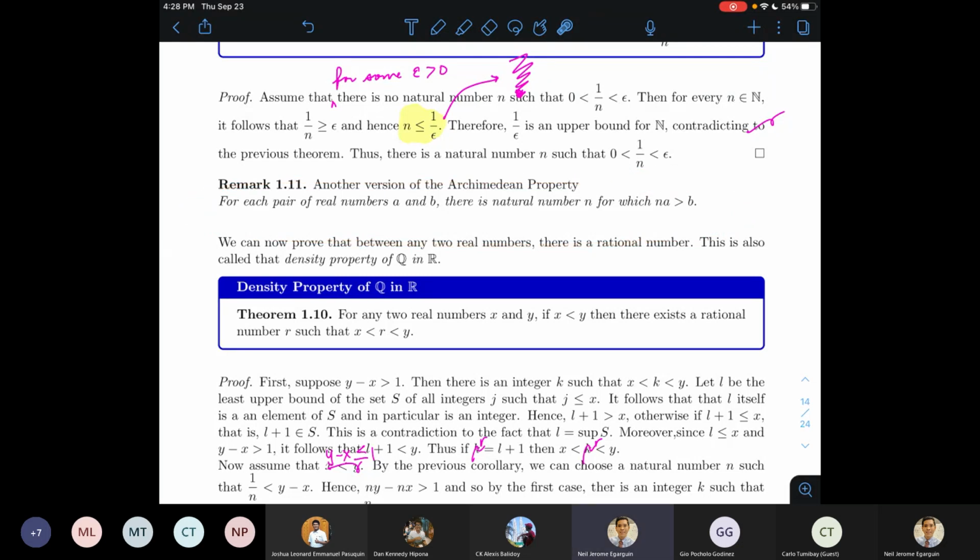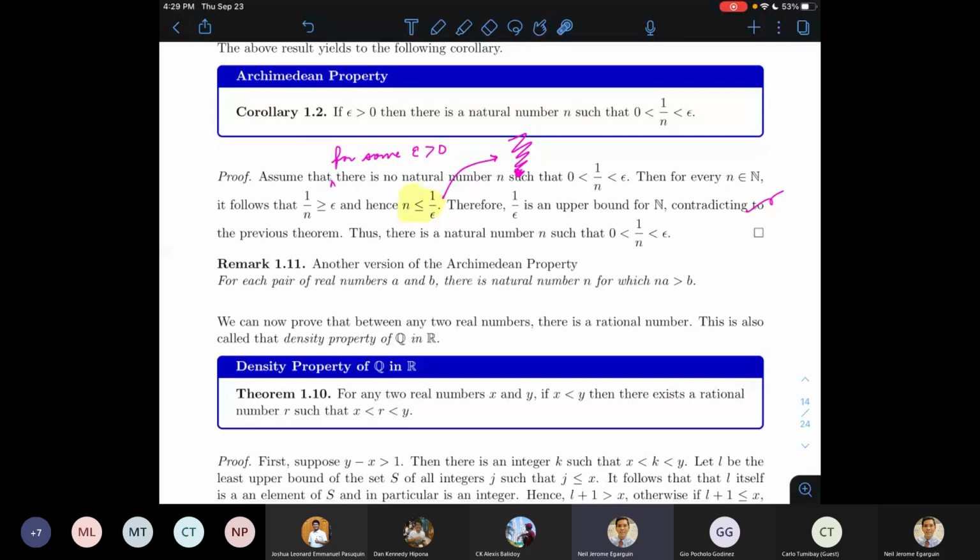Kasi ang sabi niya lang ng alternative version, pag meron kang kahit anong dalawang real numbers, A and B, laging kaya mong i-multiply si A ng isang natural number, okay, such that the product NA is always greater than B. So kaya kong mapalaki yung isang multiple ni A kaysa kay B. So, yeah. Pero I think for limits, mas useful yung corollary 1.2 kaysa dun sa remark 1.11. But again, these two results are equivalent to each other.